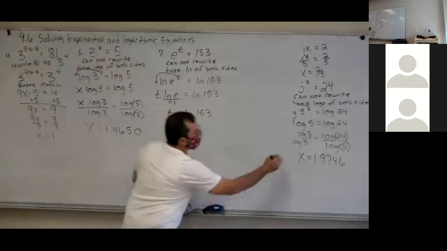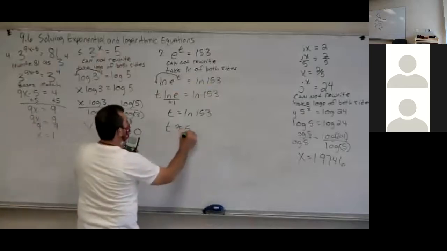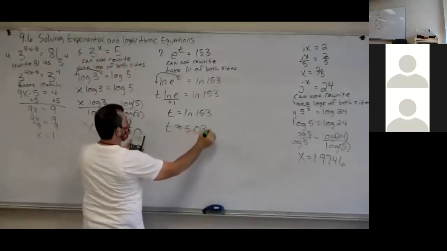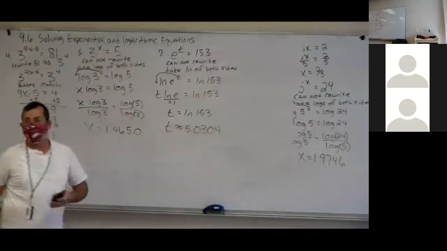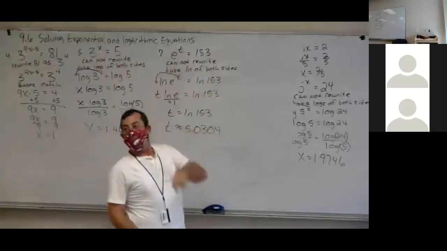So I probably should have used squigglies there, but oh well. But I'm getting 5.0304. And then since there was a 3 after that, we had to round that up, okay? So E, use the ln.